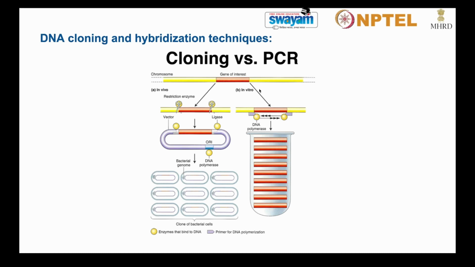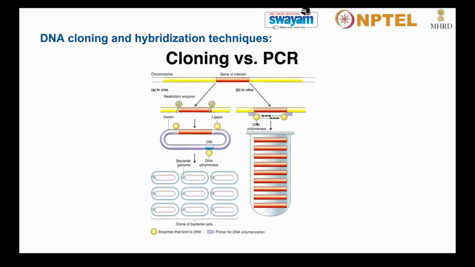Whereas in PCR, this is the region of interest, and we provide it with different primers. The primers are specific to the regions that lie near the gene of interest, so that only the region which we desire gets replicated or amplified, and not the other parts. For that we require primers, and DNA polymerase is provided.